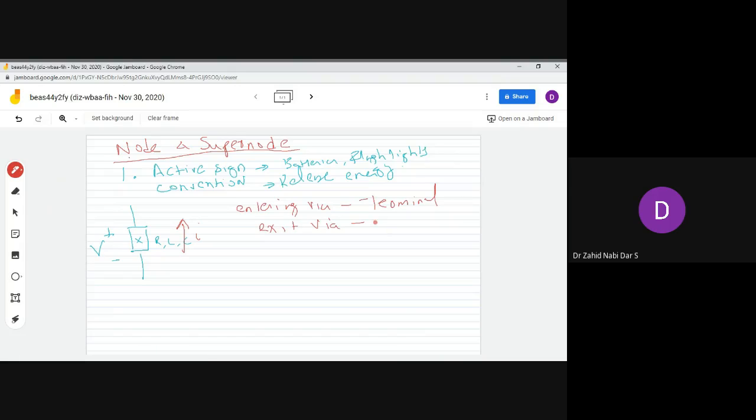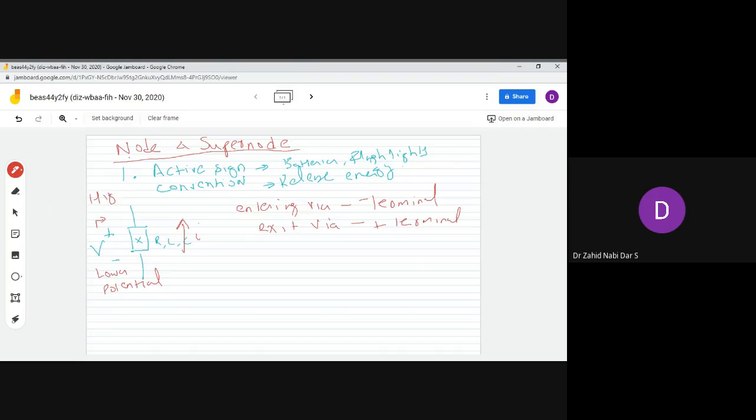Negative means lower potential, and positive means higher potential.